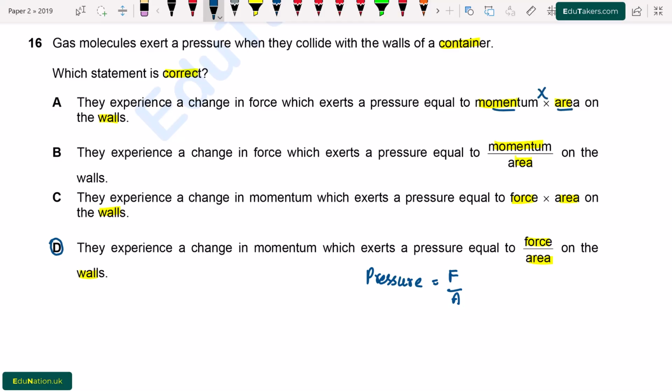This formula is incorrect. Also B, pressure is not equal to momentum over area. So this is incorrect. C is also incorrect because pressure is not equal to the multiplication of force and area. Only option D is correct.